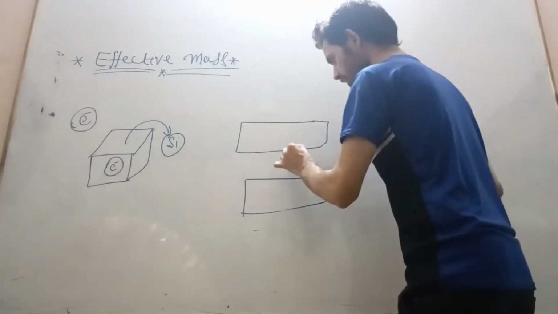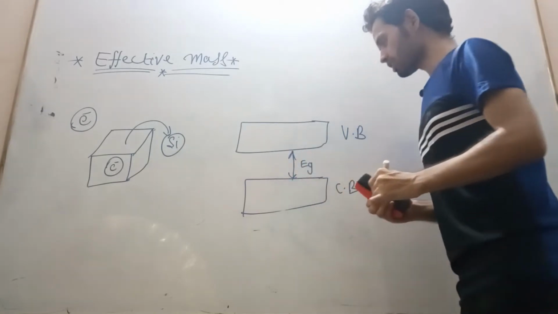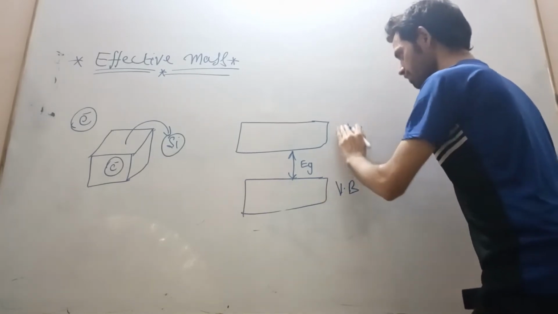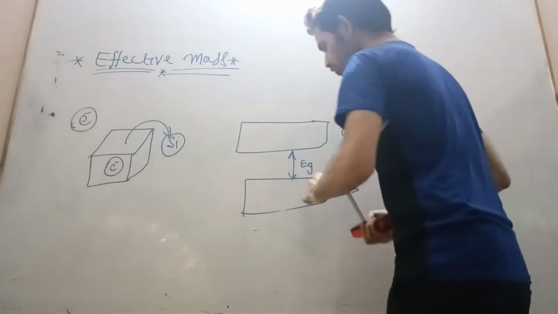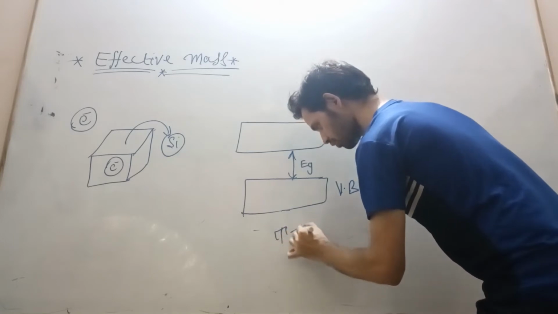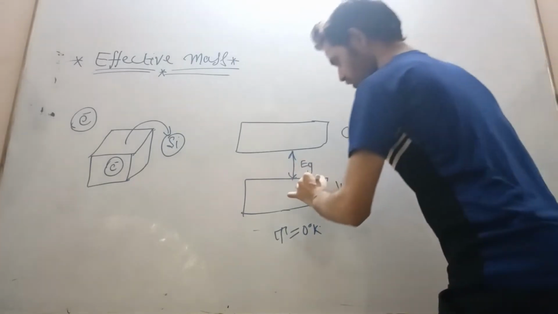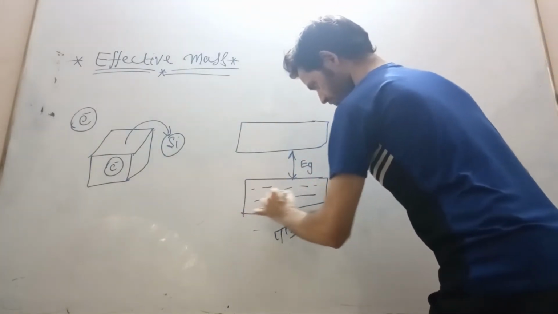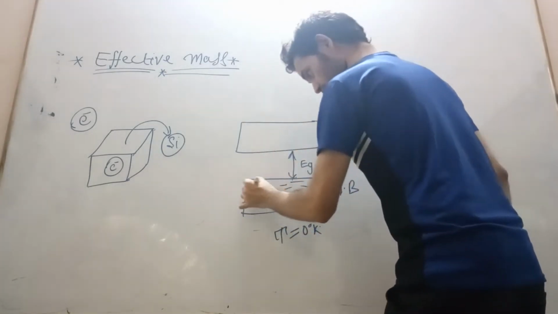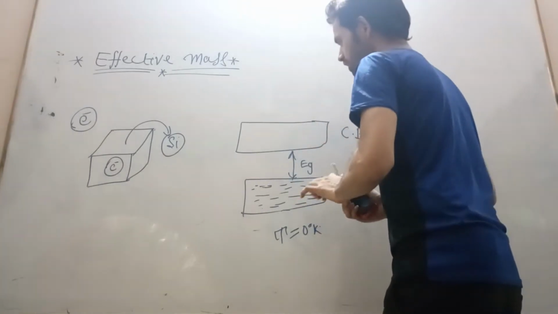This is the energy band gap between these two allowed energy bands. This is my valence band and this is my conduction band. At temperature 0 degree Kelvin, the valence band is almost full of electrons, meaning all the states are filled, but in the conduction band all the states are empty.